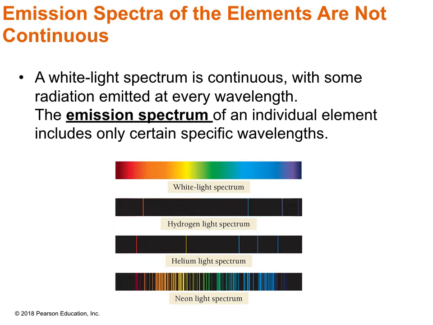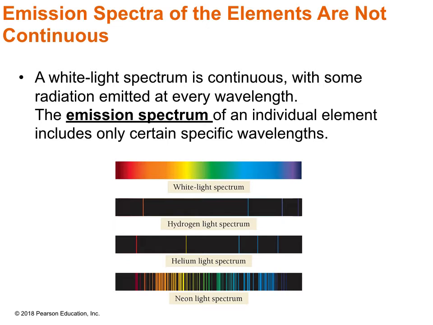So if you see here, the hydrogen light spectrum only gives you 3 lines: red, kind of a green blue, and then a violet, while the helium gives you 1, 2, 3, 4, and then a neon light spectrum is completely different from the hydrogen or the helium.